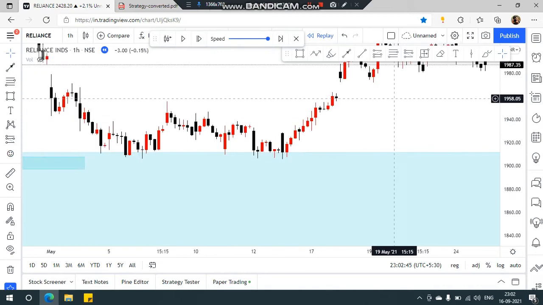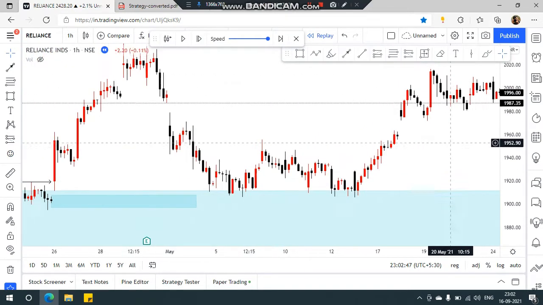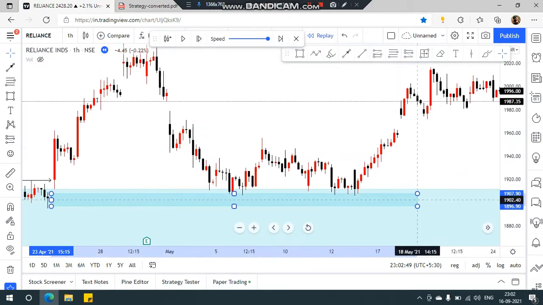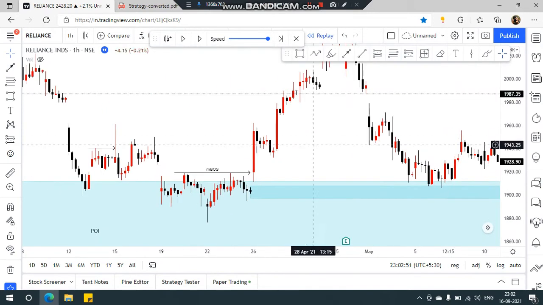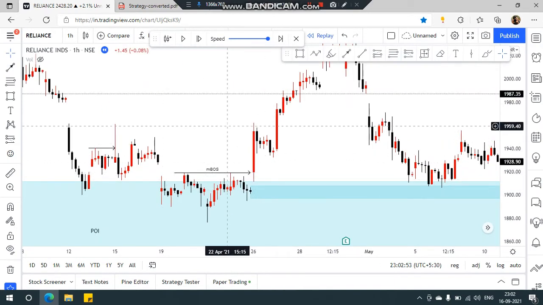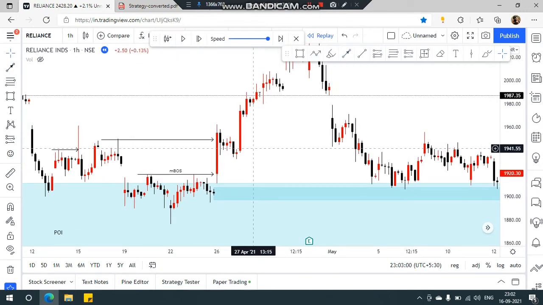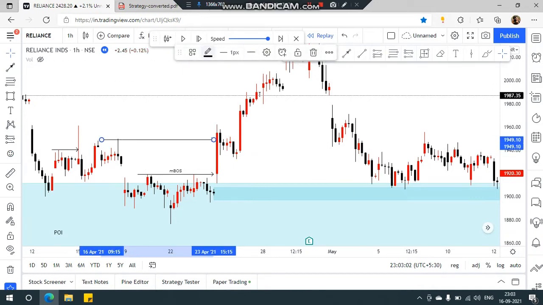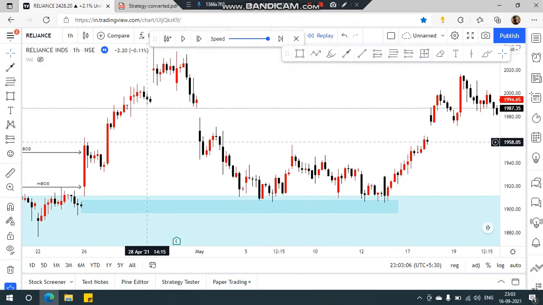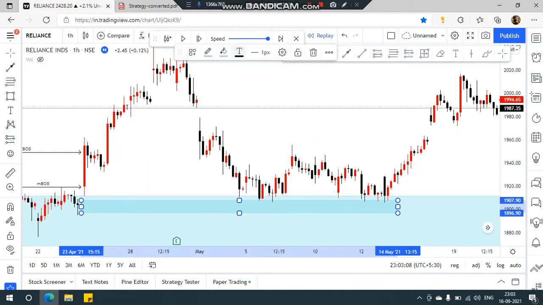I think it fights, but let's see. So we have over 4 to 5 touches on this candle. And why, you might ask? Because this is an impulsive move which broke this structure and also this structure. So it's actually a good minor breakout structure, which can indicate a good POI. So this will be our POI.